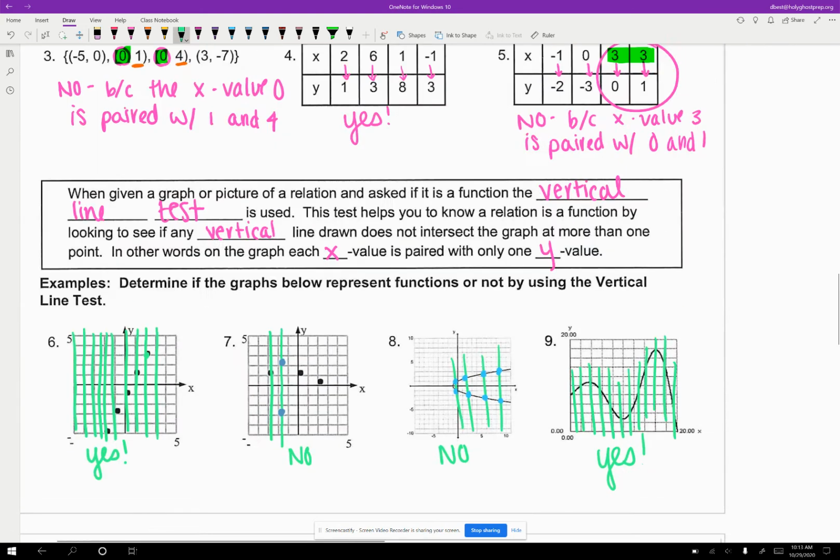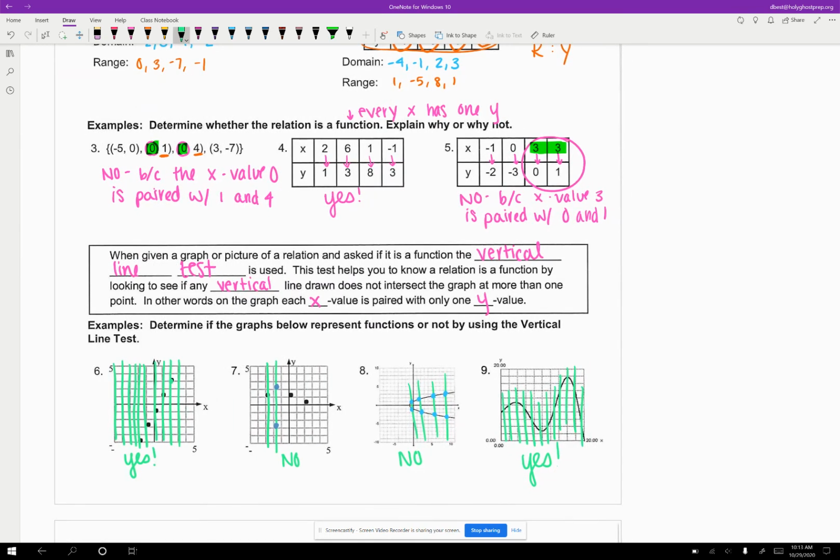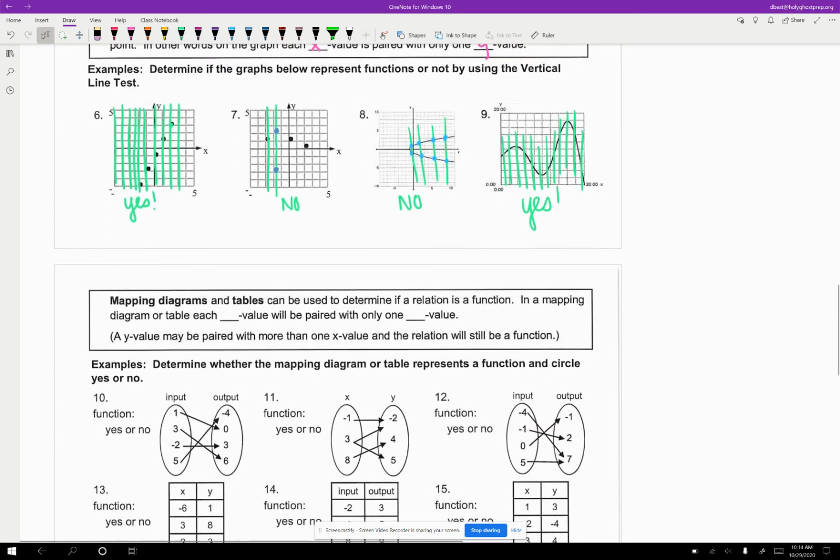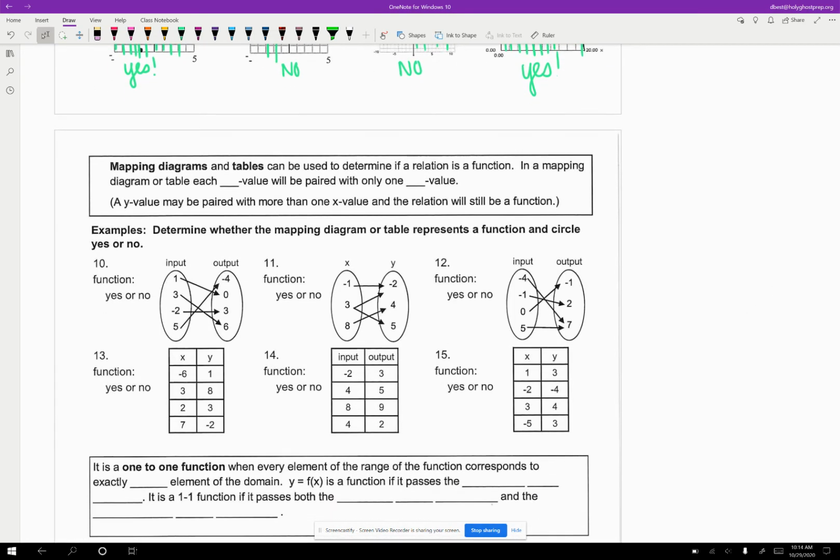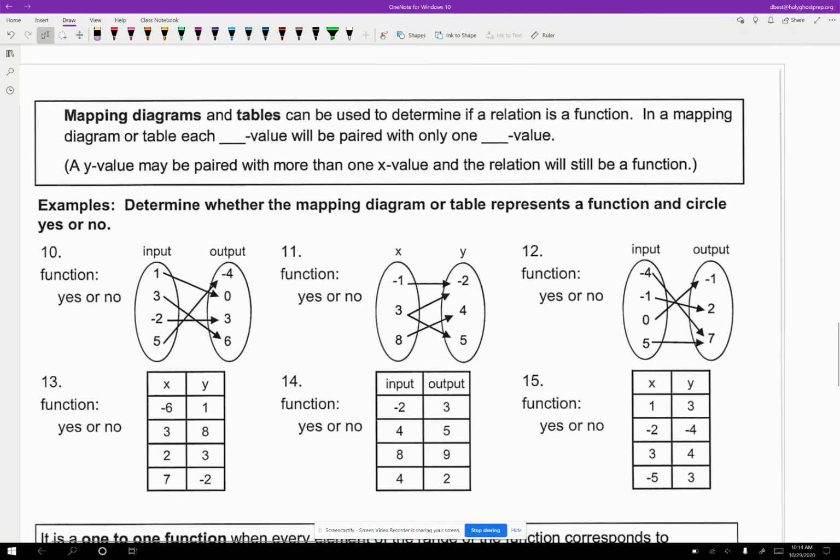So all we have right now is deciding if a relation is a function. We're looking to see if every x value only has 1 y value. And we can do this by looking at our list of ordered pairs or by a graph. And now, if you flip your notes, we also have what are called mapping diagrams and tables.